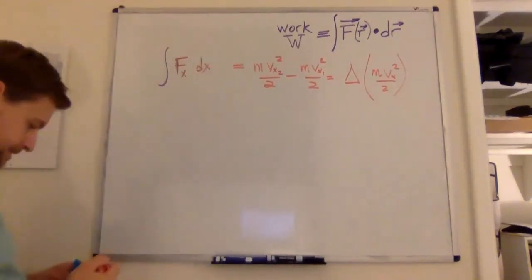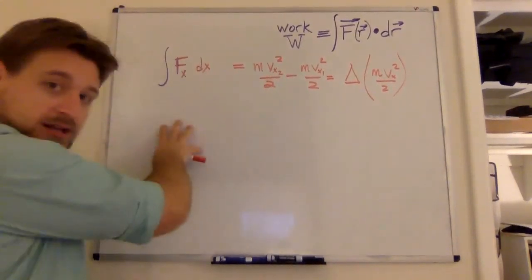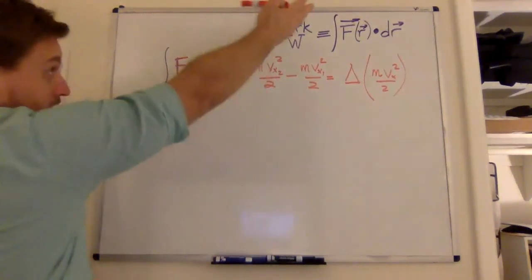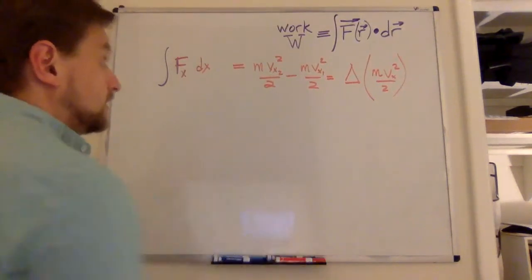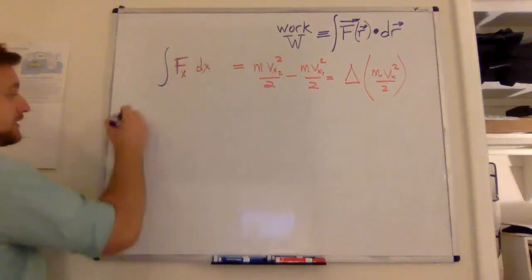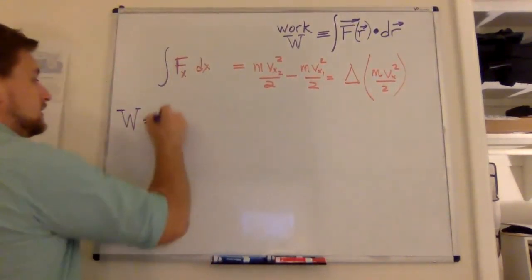All right. But there were other terms, right? There was one for y and one for z. And the work, according to this definition, which I'm really starting to wonder if it's helpful at all, is the sum of the three.